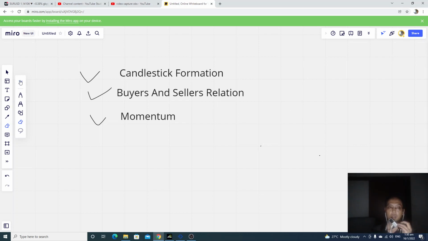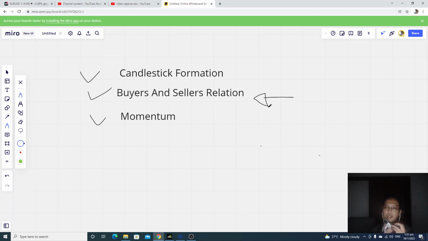Once we know that that is a candlestick, does the buyers and sellers relation matter in trading? Yes. Remember, we are trading in a market whereby there is buying and there is selling, right? It's either you buy or you sell. So how can you trade a market where there are buyers and sellers, but you don't know the relation between buyers and sellers?